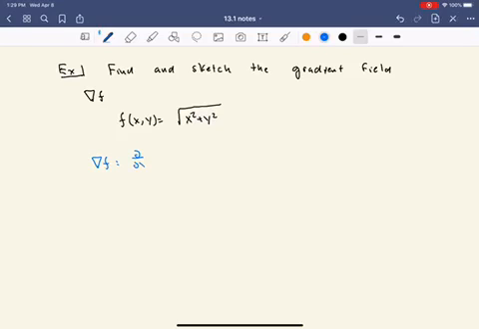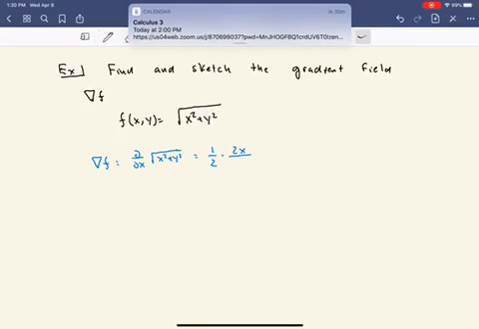So, partial with respect to x of the square root of x squared plus y squared is going to be very similar to the last problem. This is raised to the 1/2. So we're going to have 1/2 times 2x for the derivative of the inside, divided by the square root of x squared plus y squared in the denominator.